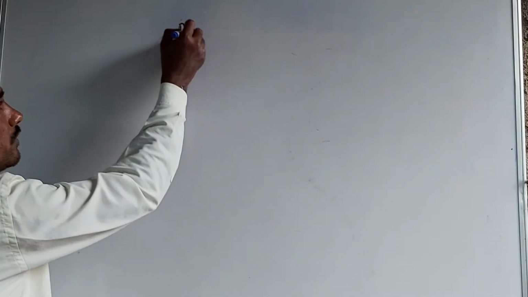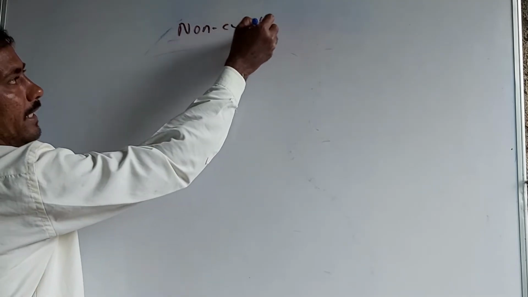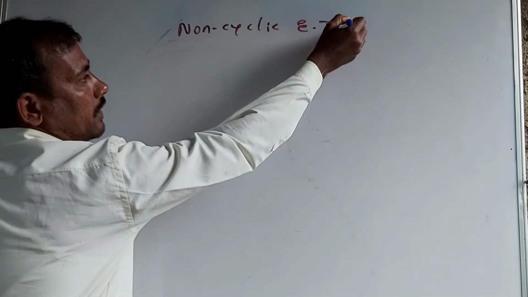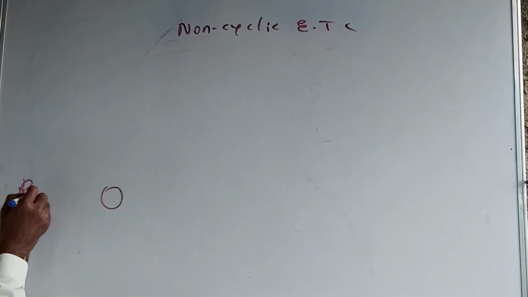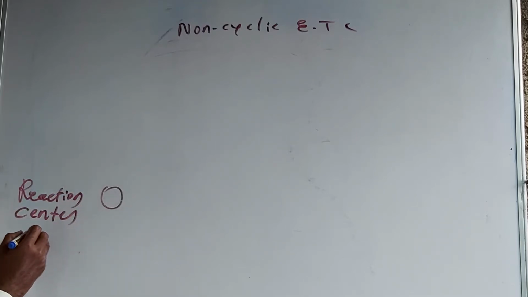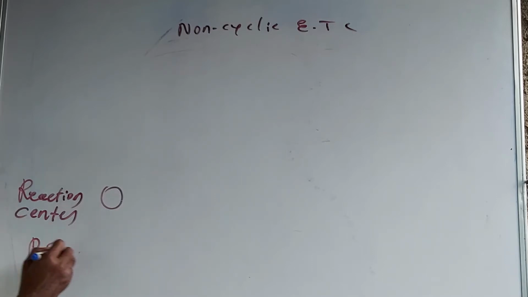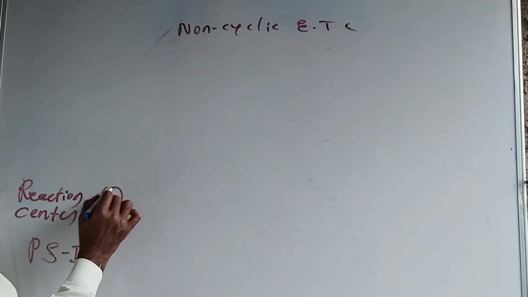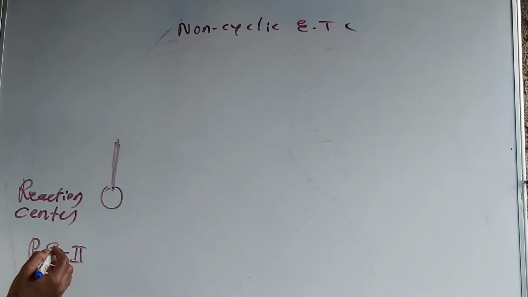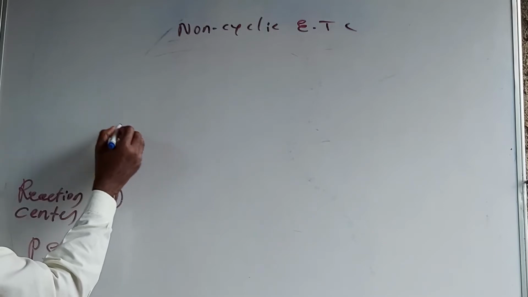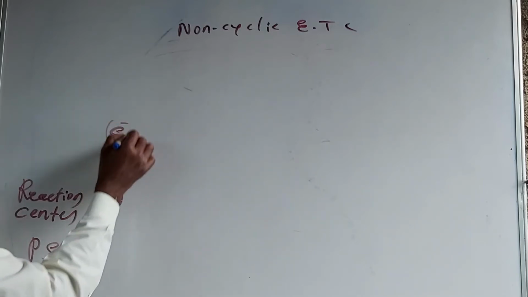During the non-cyclic electron transport chain, the reaction center of pigment system 2 releases one excited, highly energized electron.